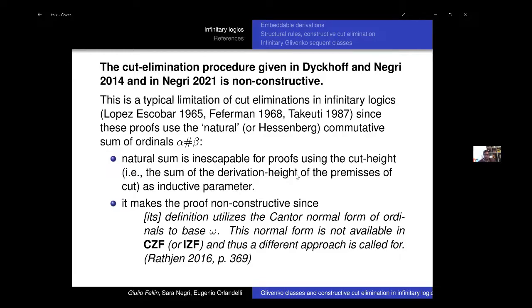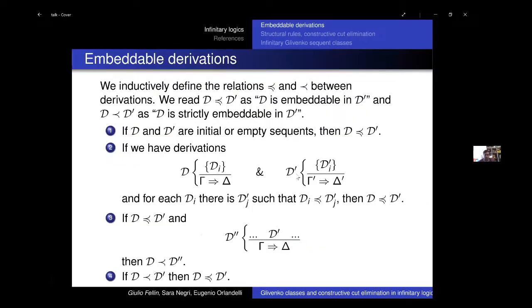So we choose this approach that uses embeddable derivations. So what are embeddable derivations? We inductively define two relations, which we call embeddable and strictly embeddable.